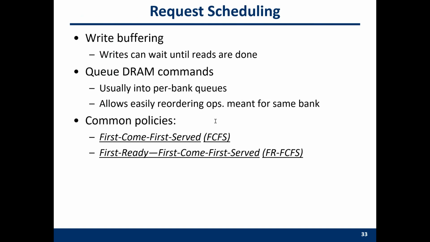Which means that if your row has been opened, you can scan your requests in the read queue and then issue the request that goes to the opened row, because the row has been opened, it's ready. So if you have some requests that hit in that row, you can let these requests go first. This is the so-called first-ready policy.